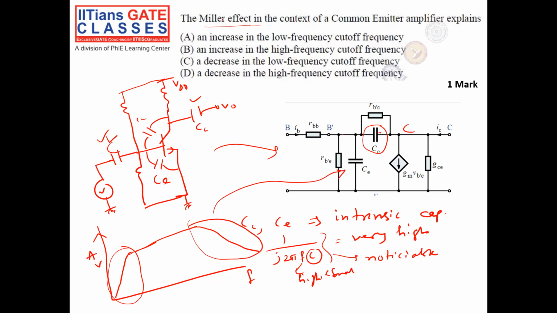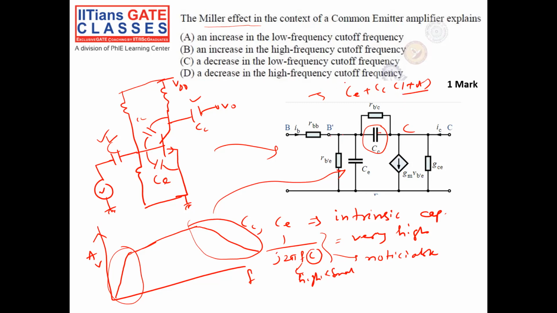Okay, so what is the Miller effect telling us? You see there is a capacitor between my input and output, Cμ. Because of the Miller effect, at the input my capacitance will be Cπ plus Cμ into (1 plus gain). The effective capacitance due to Cμ will be multiplied by 1 plus gain.